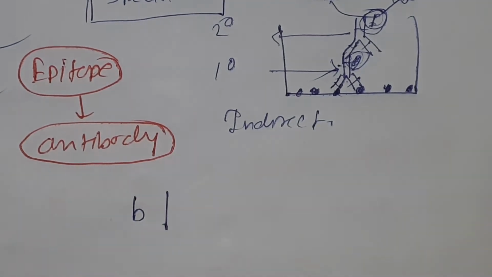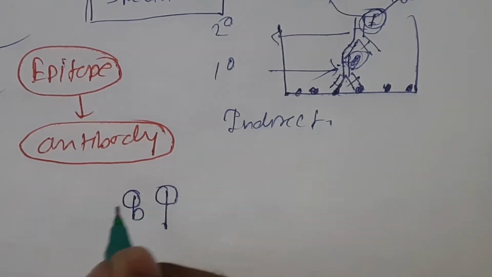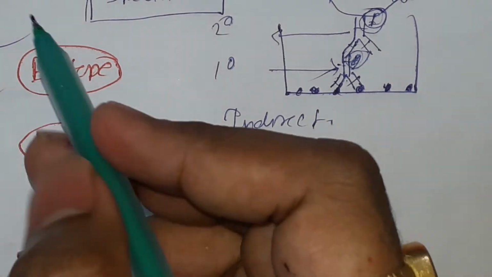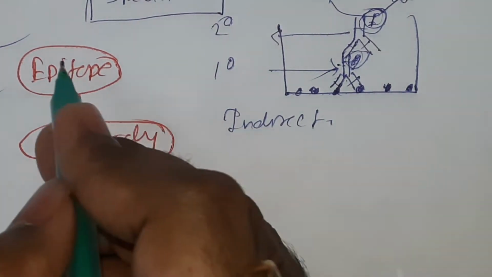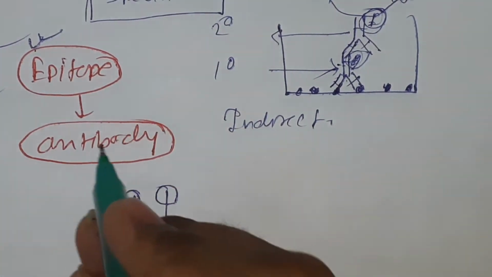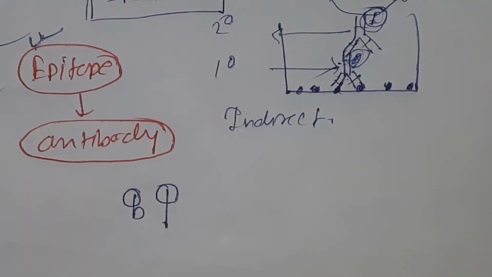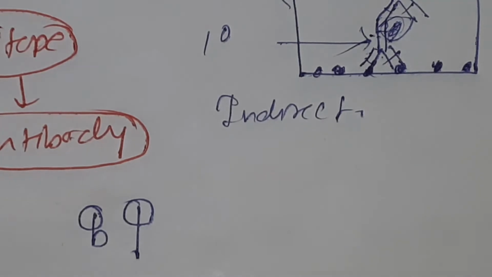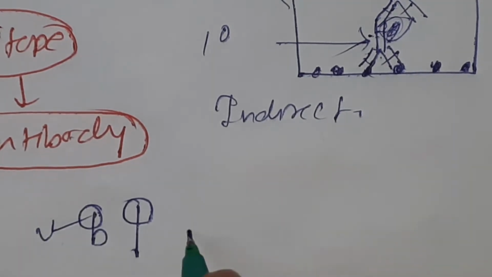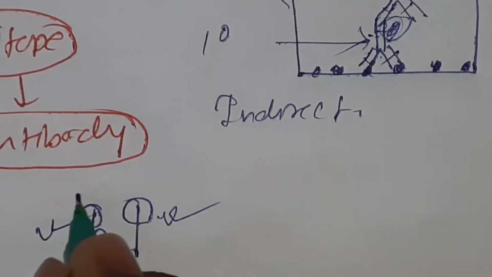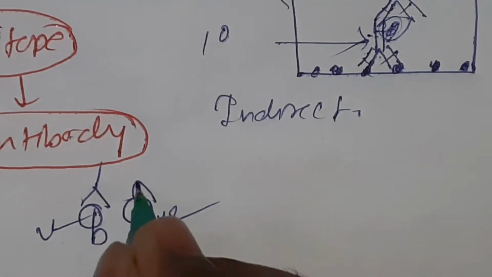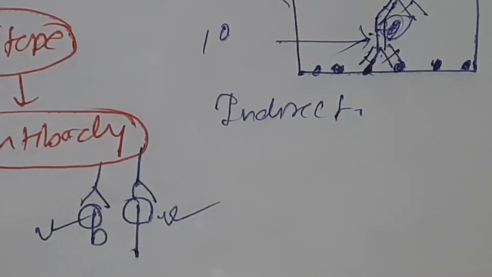These two small portions of the antigens, the epitopes, are going to react with the same antibody because they are quite identical.